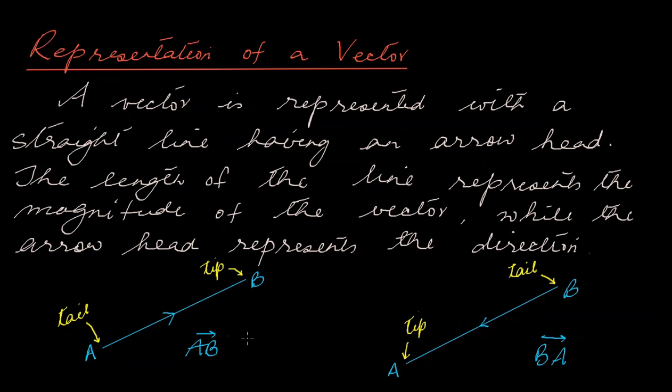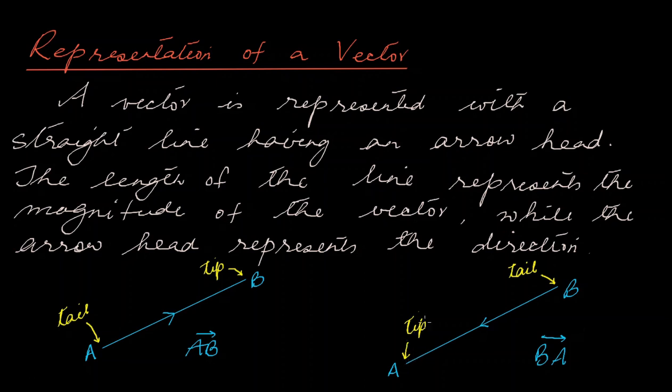Are AB and BA the same? No. They might look the same. You might say that they have the same length, but they do not have the same direction. This is vector AB bar. This is vector BA bar. Why? Because it is starting from point B and going to point A. So here B is the tail and A is the tip of the vector.